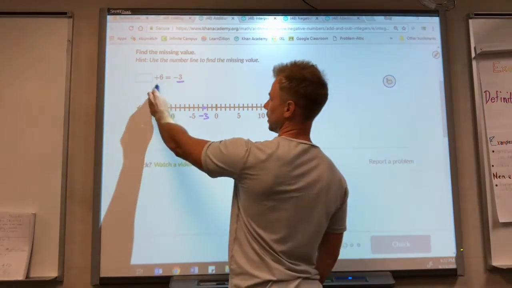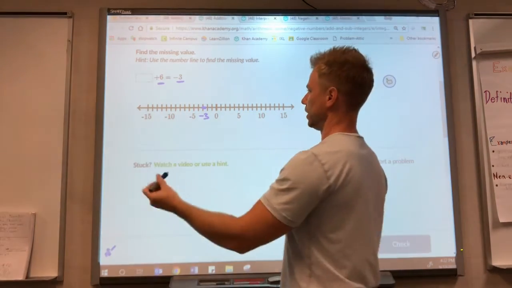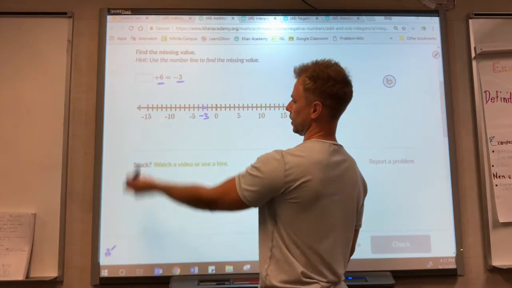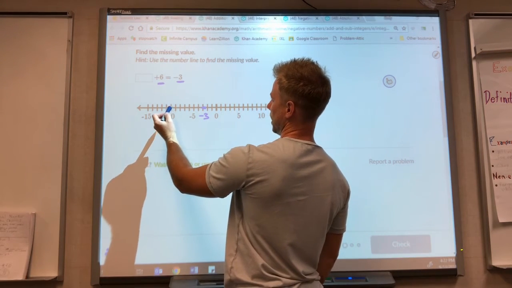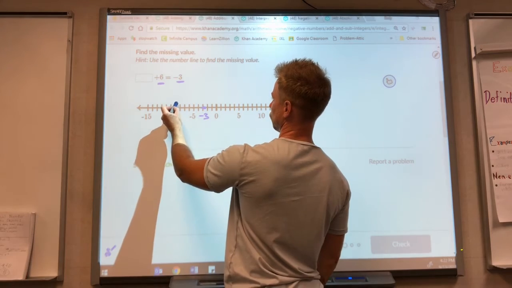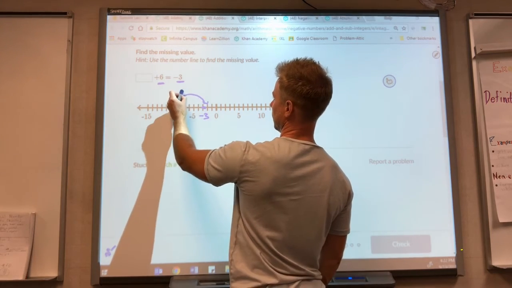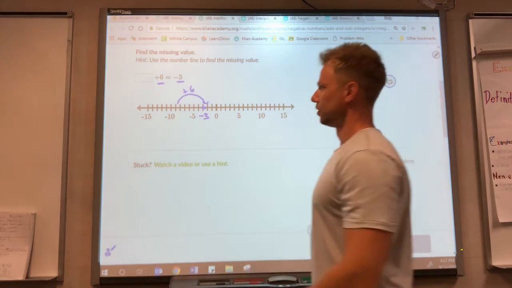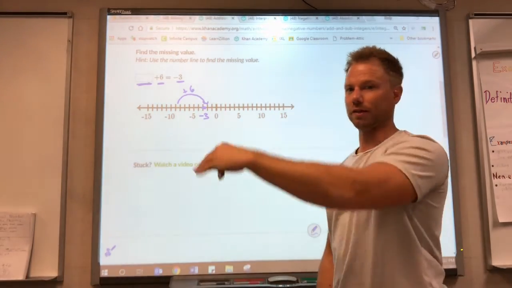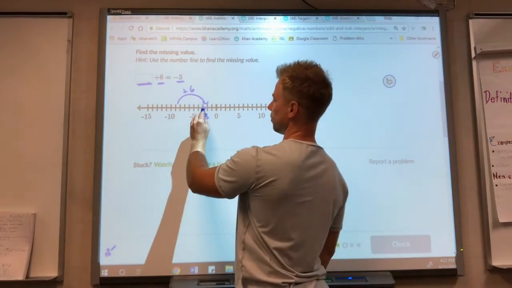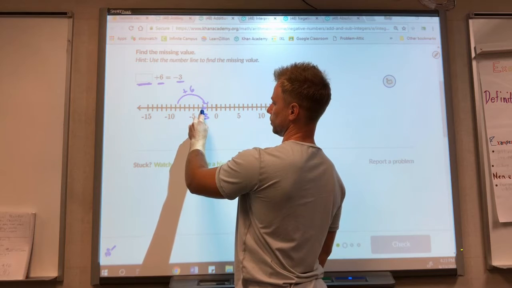When you add 6, you are moving to the right, okay? So we added 6 and ended up at -3. To figure out where we started from, which was the blank, we have to go to the left 6.